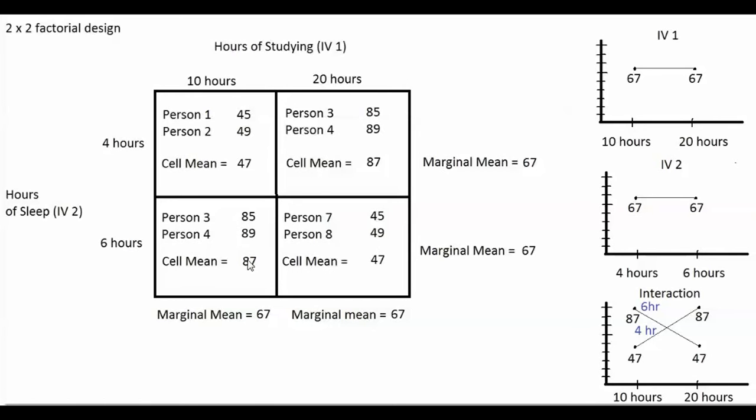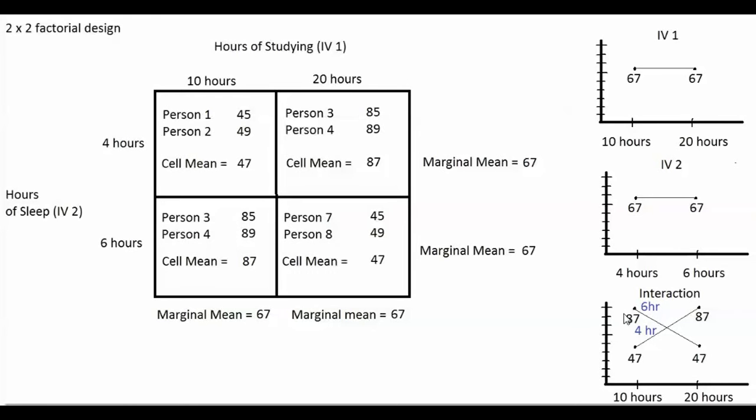When you go from this mean to this mean, you're going down by 40. That's why the 6-hour line starts at 87 and then goes down by 40, down to 47. So when you go from left to right, the 4-hour line is going up by 40, because this is going up by 40 right here. The 6-hour line is going down by 40, because this is going down by 40 right here.